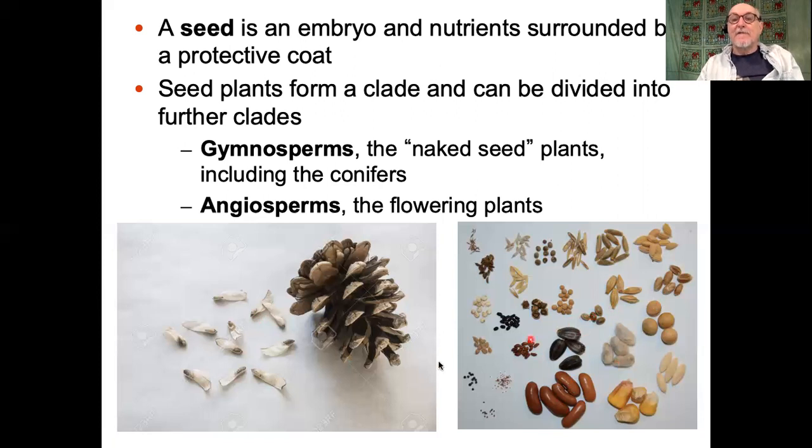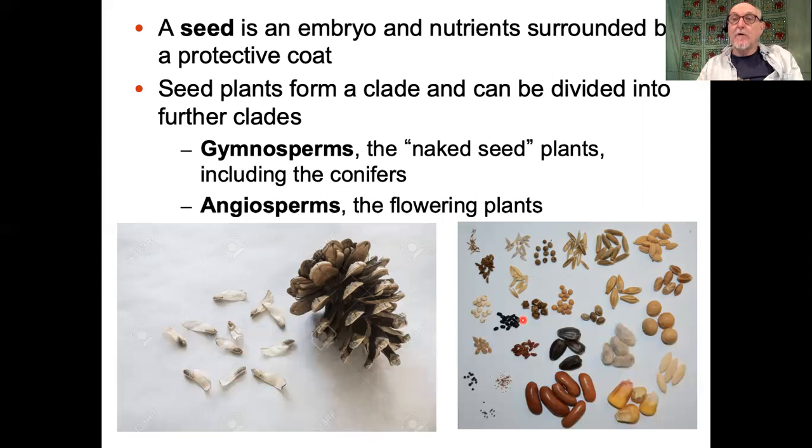Not a lot of difference, in fact, in the structure of the seed between the two, but very big questions in evolutionary terms about how that seed arose, because we don't see very many intermediate forms of plants between seedless plants and the seeded plants.